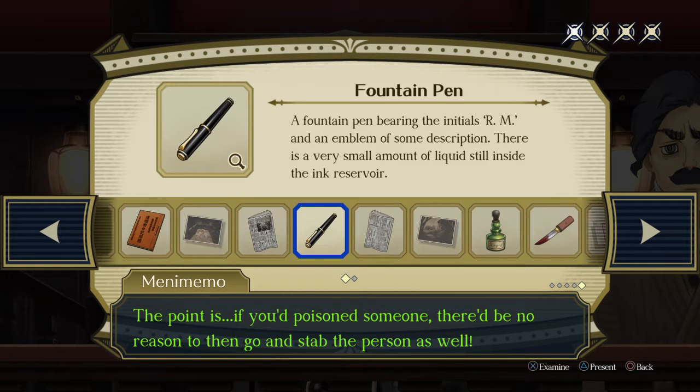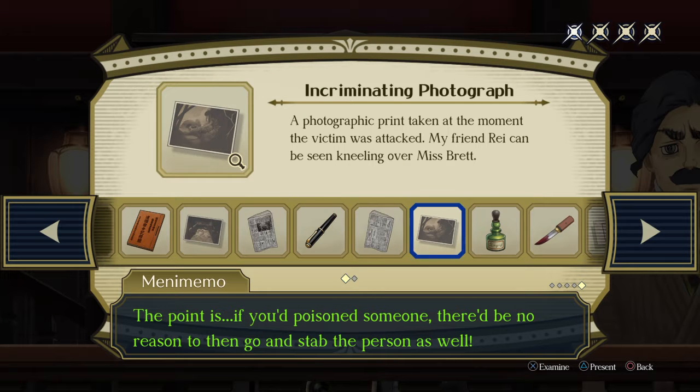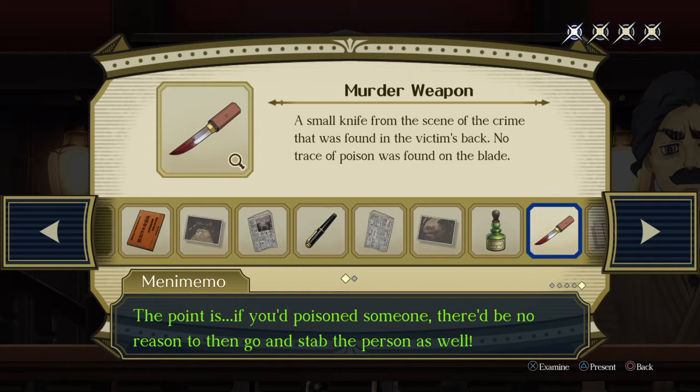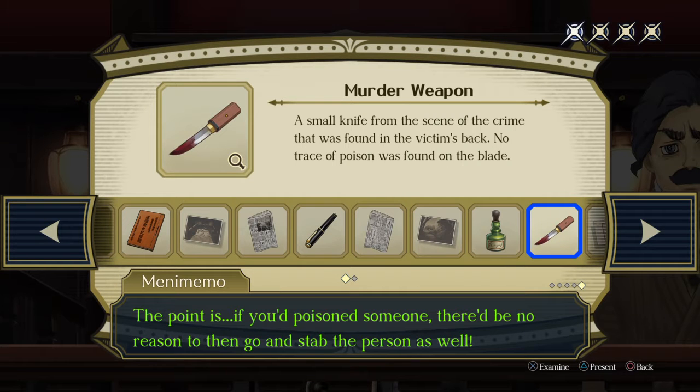I don't know, because, "It was created in strict secrecy and exists only in my father's laboratory." Then we have the murder weapon, which was denied. Well, we say, is it technically the murder weapon if she was poisoned?